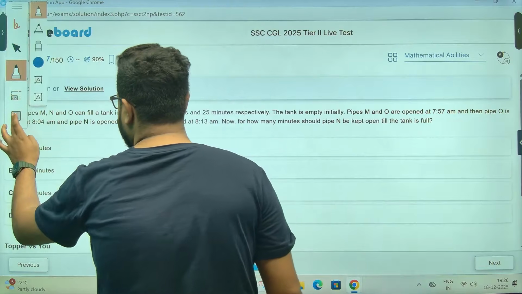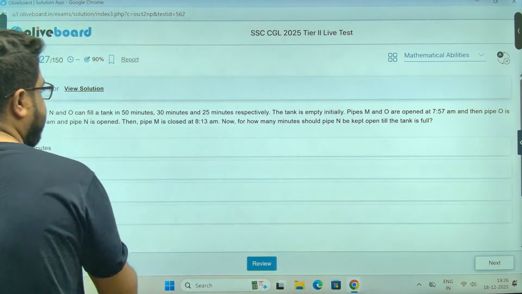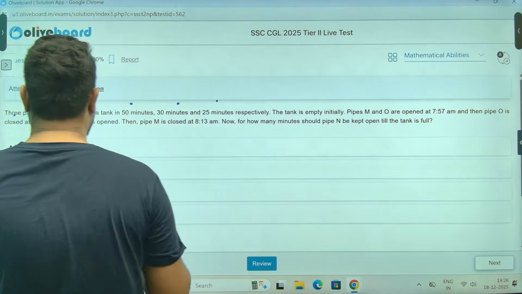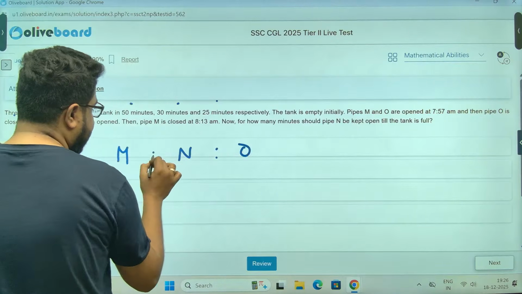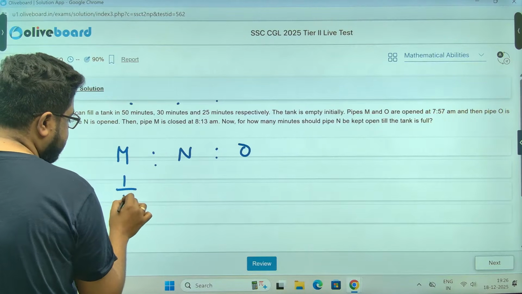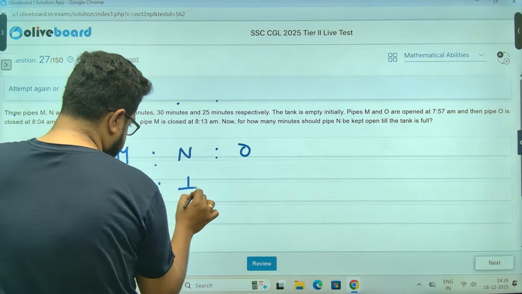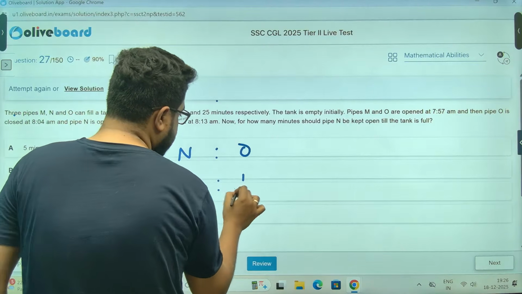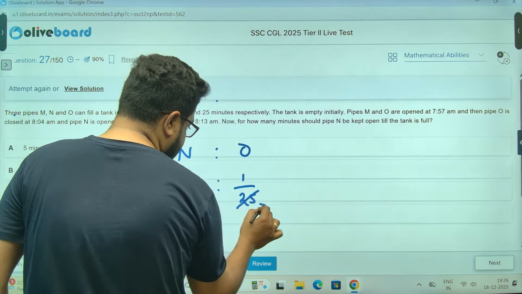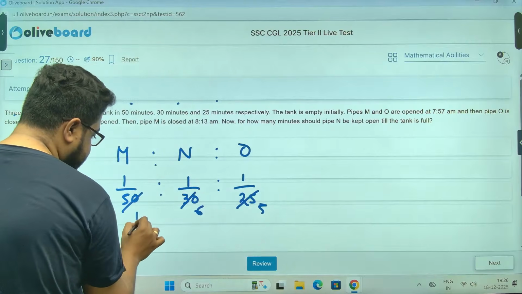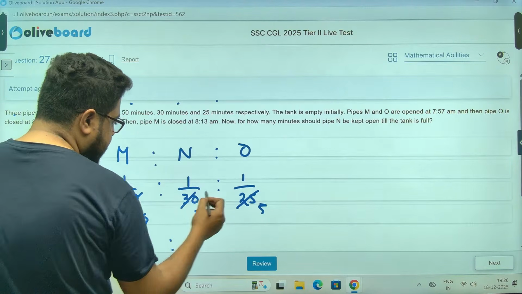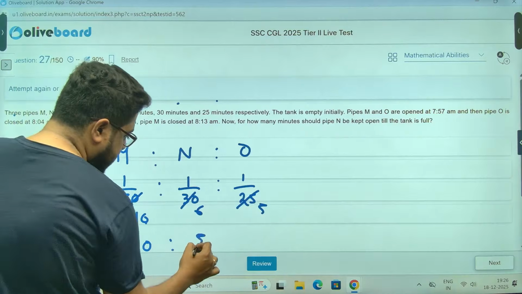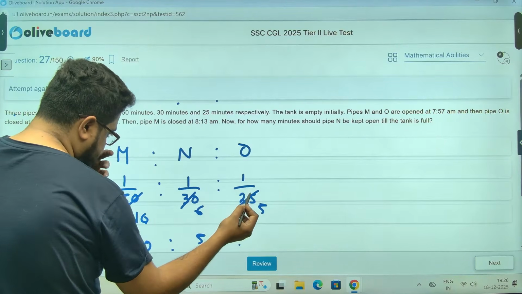Next one. Three pipes. 50, 30, 25. Okay, sir, M, N, O. So time ratio is given, so efficiency will be 1 by time. 5 fives, 5 sixes, 5 tens. 5 into 6, 30. 10 into 5, 50.